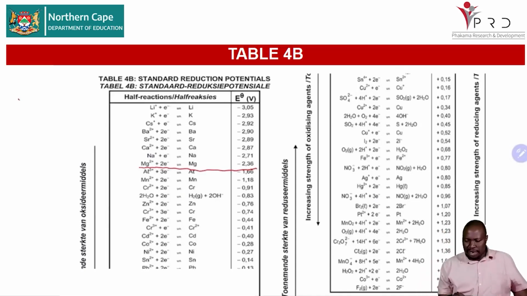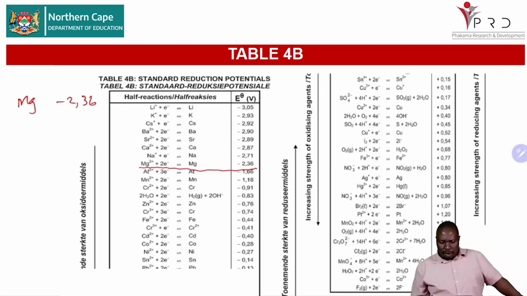Now you are looking for lead, which is our Pb, and you are able to look for your Pb there. It's important that you look fast, because time is always not on our side.